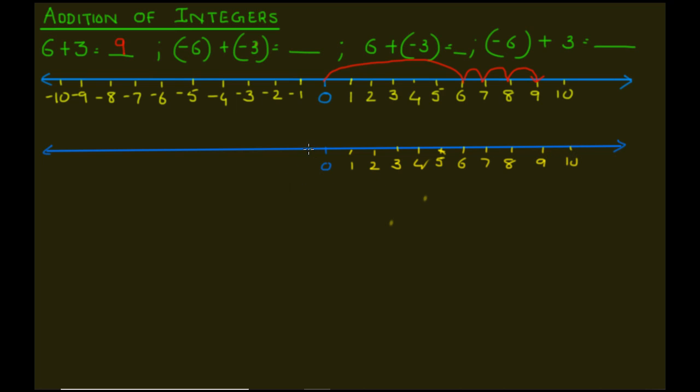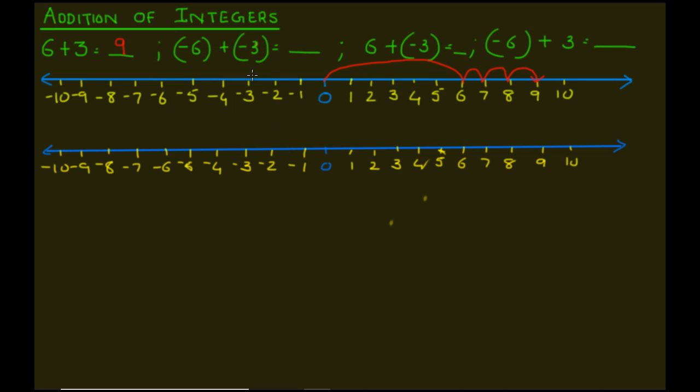And to the left hand side, we have our negative integers, negative 1, negative 2, negative 3, negative 4, negative 5, negative 6, negative 7, negative 8, negative 9, negative 10. So the second one, that is negative 6 plus negative 3.